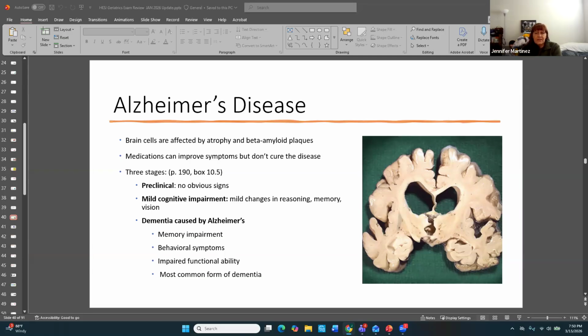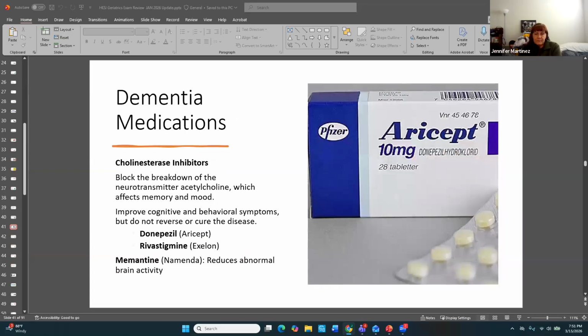The mild cognitive impairment, they'll have some mild changes in reasoning and memory and vision. So like, where did I put my car keys? And then with dementia that is caused by Alzheimer's disease, they have memory impairment, behavioral symptoms, impaired functional ability, and it is the most common form of dementia.